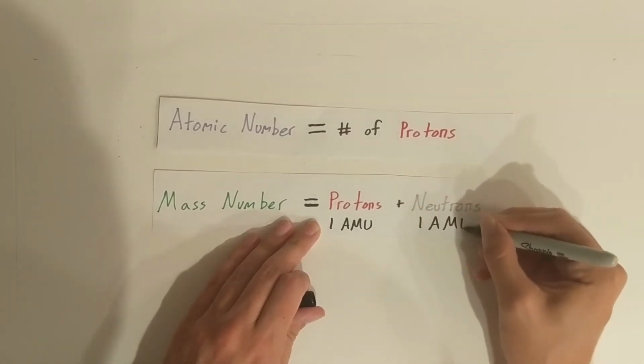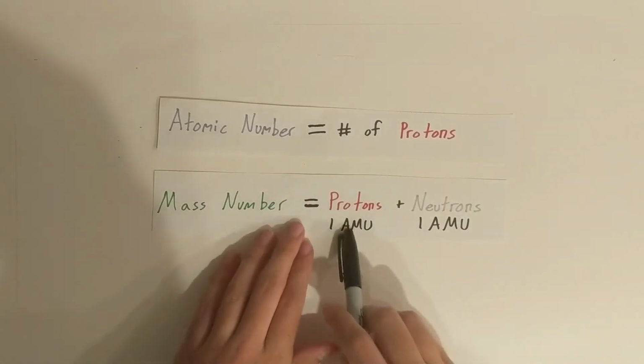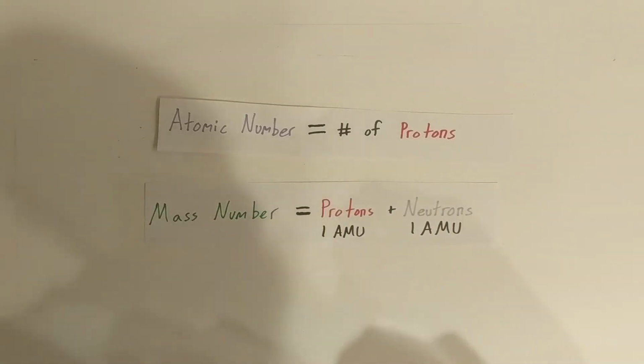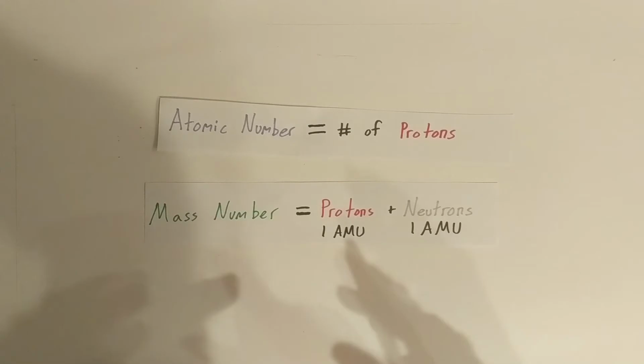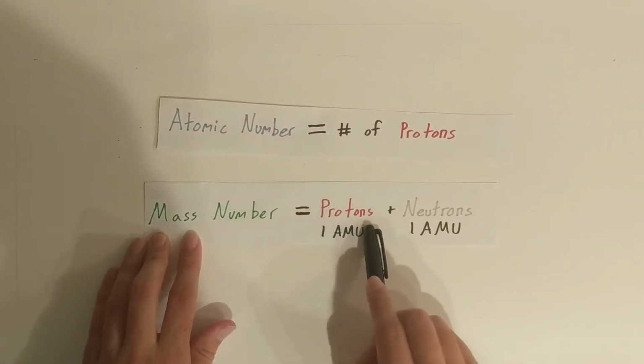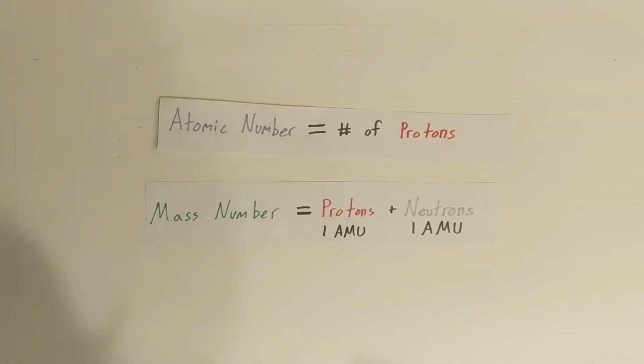So what we do to figure out the mass of the atom is we can just add the protons and the neutrons. If you remember, electrons had a very, very small mass, so we don't need to add those together to get the mass number. So the mass number, you just add those protons, add those neutrons, and that is going to be the mass number of the atom.